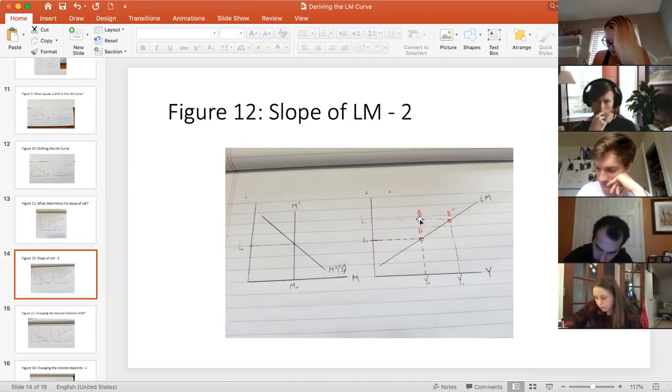Everything else held constant. How much will GDP have to rise to offset that bigger decrease in money demand? Will this be enough to rise to B prime?